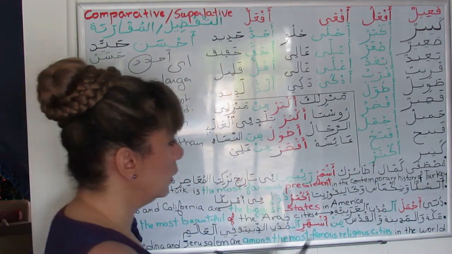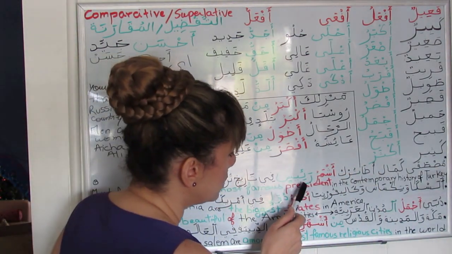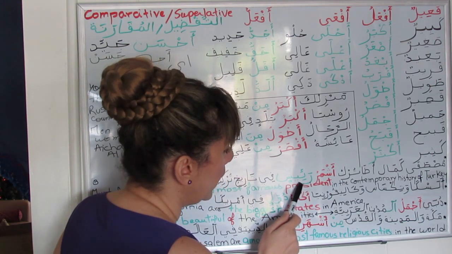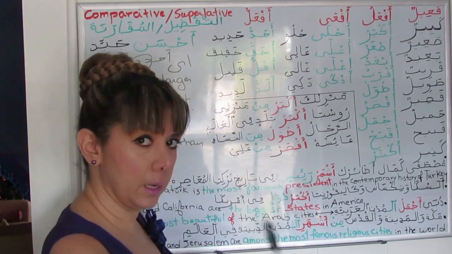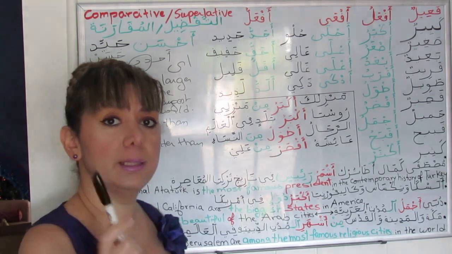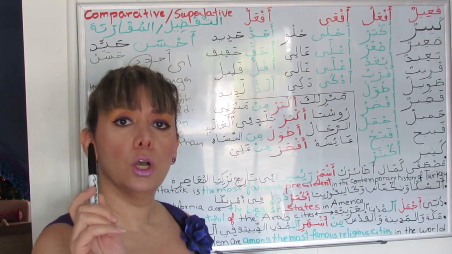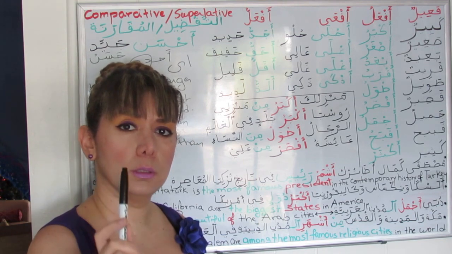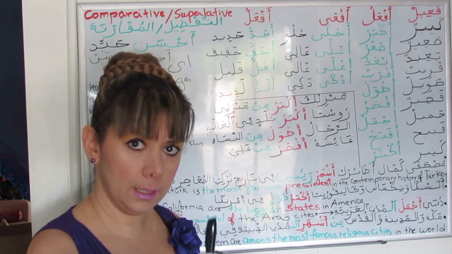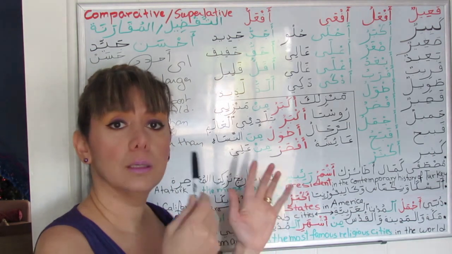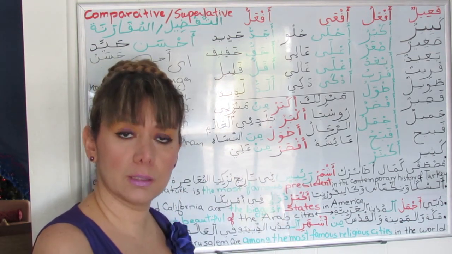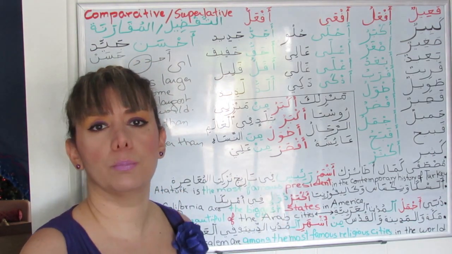Here, we have an indefinite noun, but actually definiteness is implied. Even if we didn't use the definite article al, it is still definite, because we don't talk about any president.